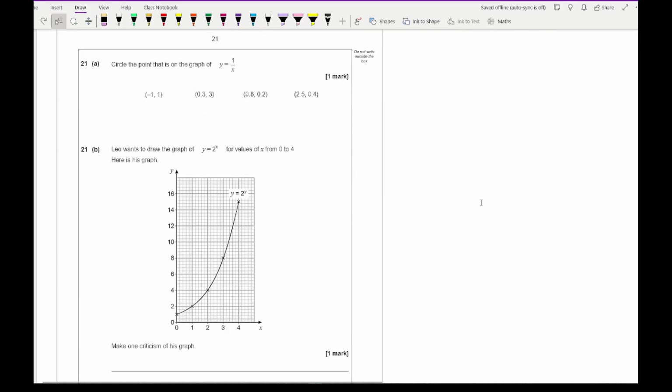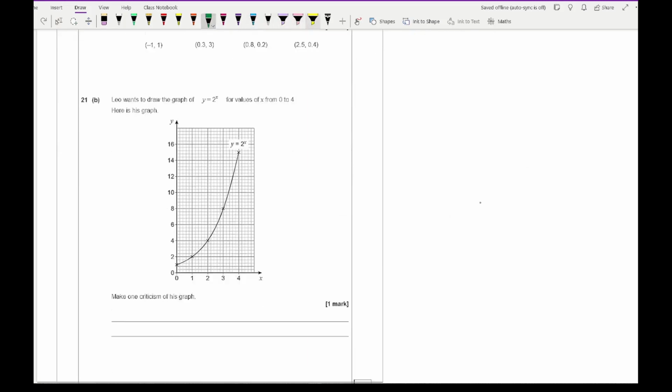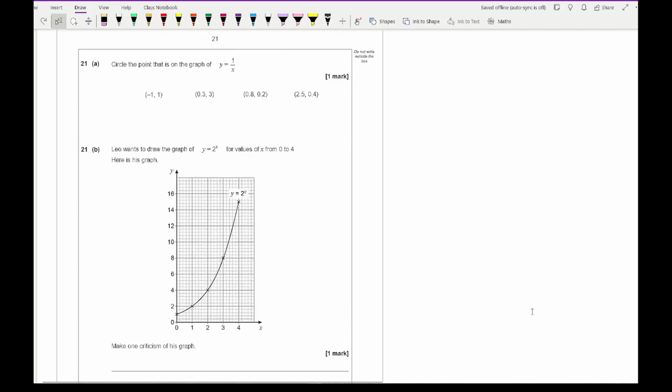Moving on to question 21, it says circle the point that is on the graph of y equals 1 over x. So again, what we need to do is do the reciprocal of the x ordinate. For this one, we've got 1 over minus 1, which equals minus 1, and that doesn't give me the answer, so that is not correct.